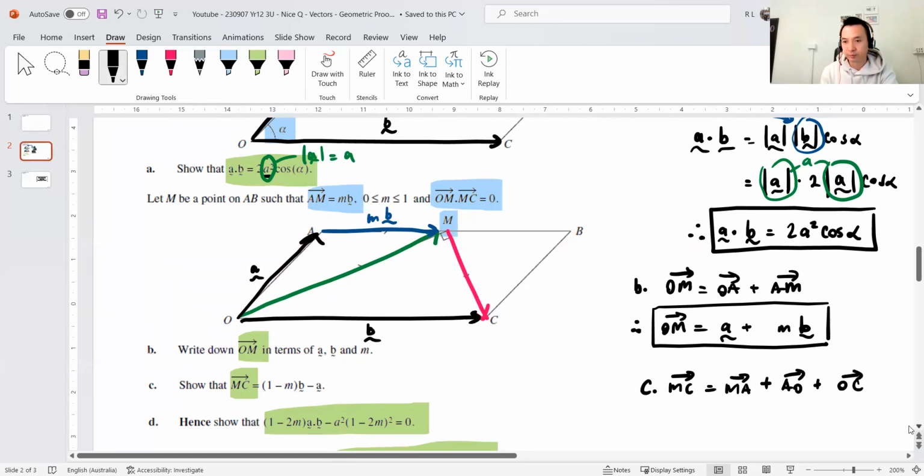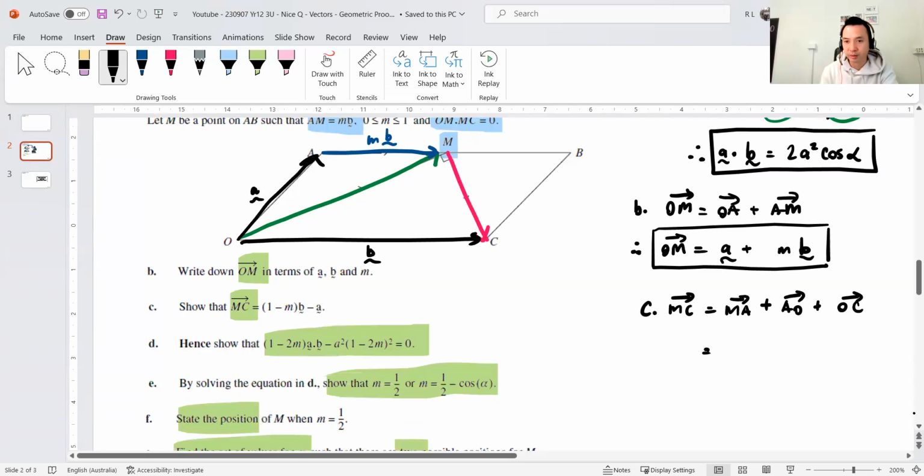And so backwards on that is negative MB, backwards on the A, and then plus B. Now what are they asking me to do? They just factorize, they rearrange it. So therefore, MC equals, what did they do? They factorize 1 minus M, perfect, B, and minus A. Okay, good.